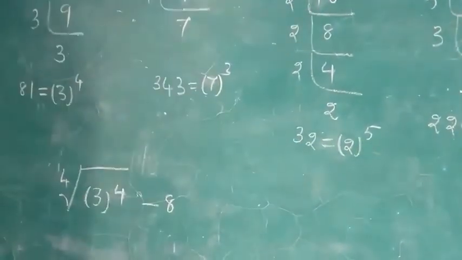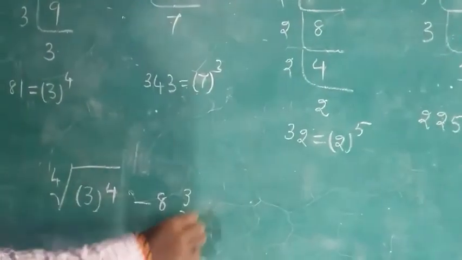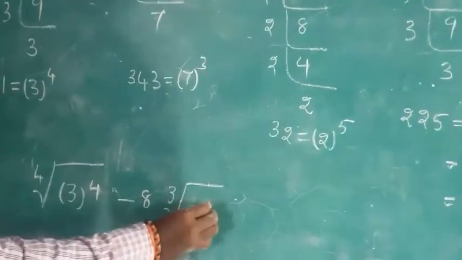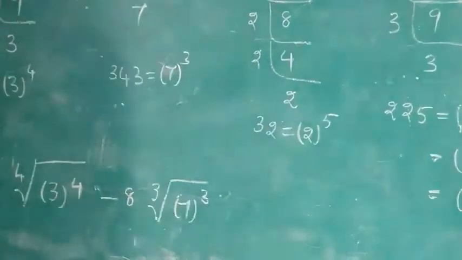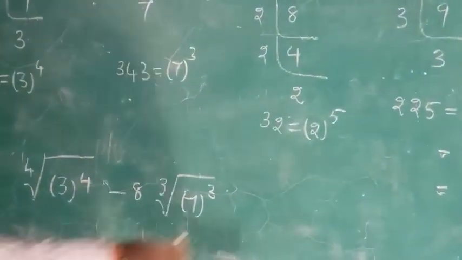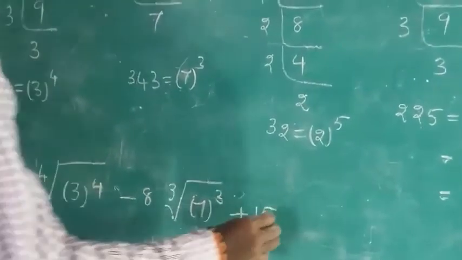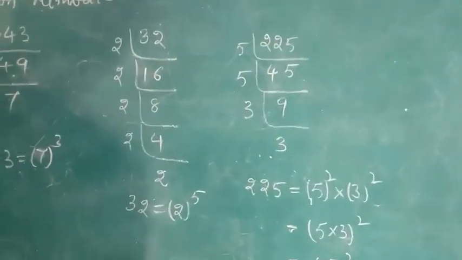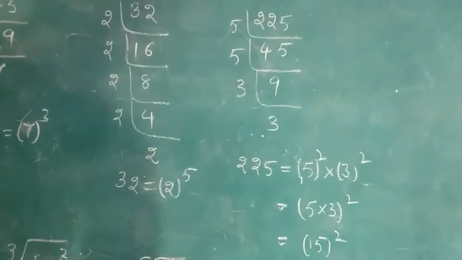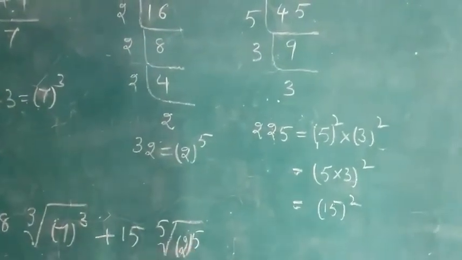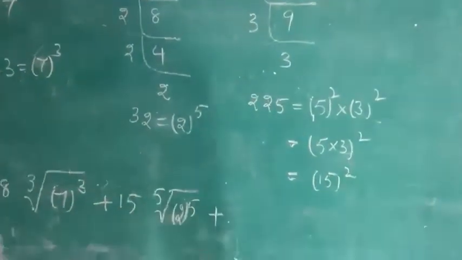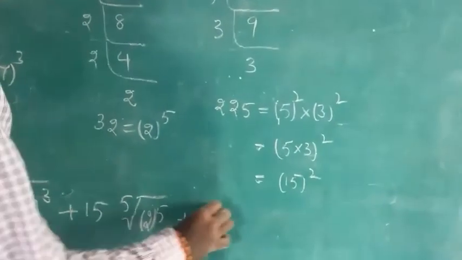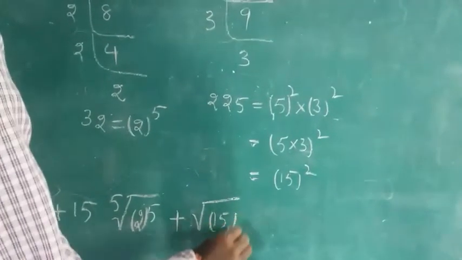Minus 8, third root of, you can write as 7 to the power of 3. Yes. Then 15 and you will write fifth root of 2 to the power of 5. Then plus 225, you can write as 15 square.